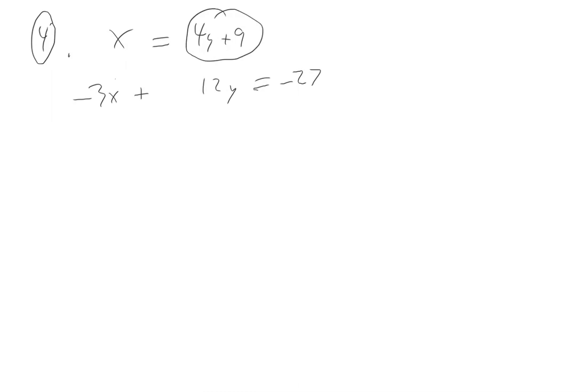So we can just take what we know it equals and plug it in for that x. So I can erase this x and change that x to be what x is, which is 4y plus 9. Then you keep the plus 12y after that. So if I distribute this negative 3, I'll get negative 12y, and then negative 3 times 9 is negative 27, plus 12y equals negative 27.